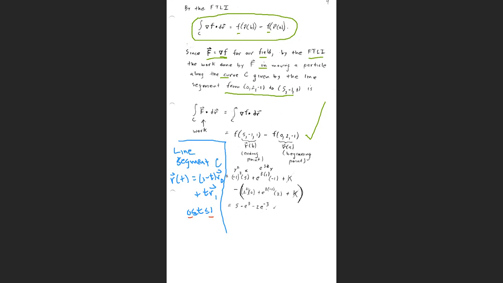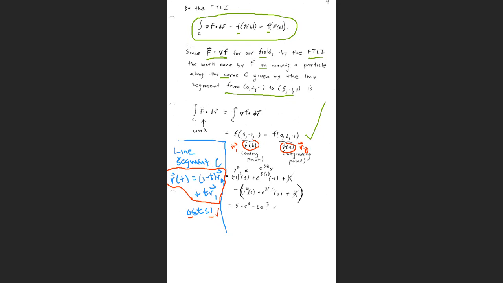For any line segment, if you utilize this formula to get the parametric equations, t would be between 0 and 1. So the ending point, r(b), in this case would be r(1), and the beginning point, r(a), would be r(0), at time 0.